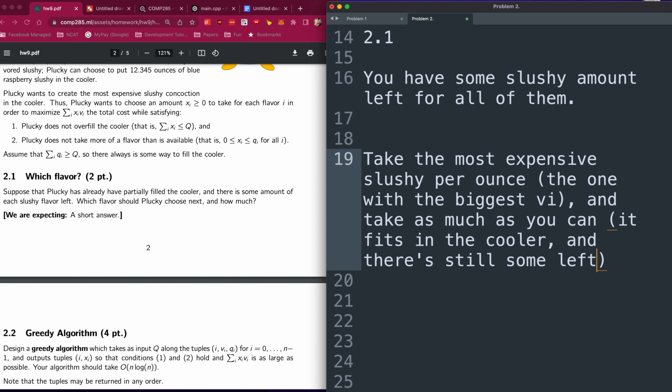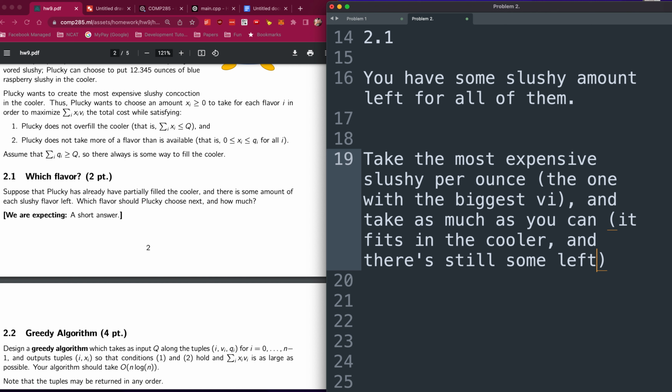And why is that? That's because, as opposed to the knapsack where we had objects that weighed a fixed amount of pounds, sometimes if you take one, it'll leave you empty space in your backpack.